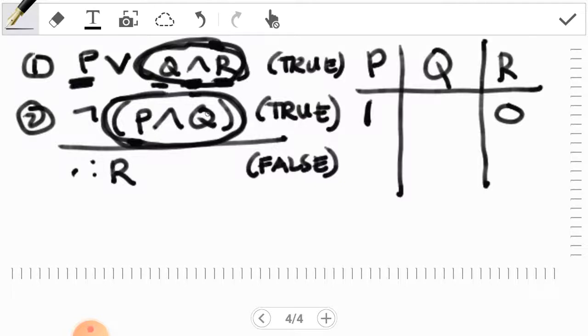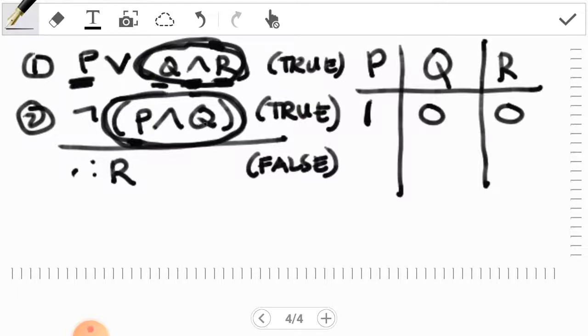So for this to be false, Q must be false. Because if Q is true, true and true will be true, and not true will be false. But we want the second premise to be true.